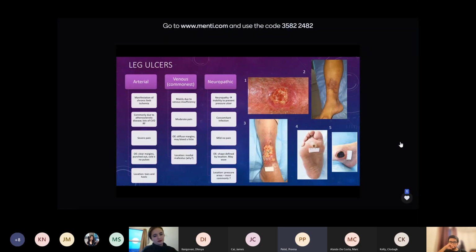Does someone want to put in the chat why they think or know why it's the medial malleolus? What venous structure or what vein can you think of that's located near the medial malleolus? Okay, I'll rephrase.